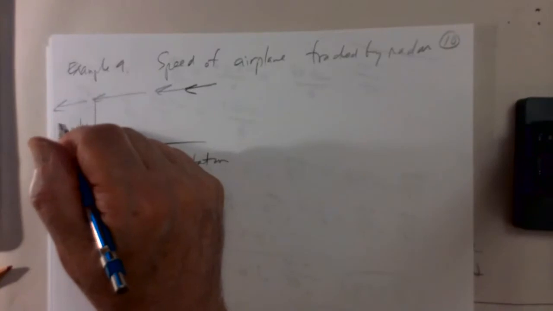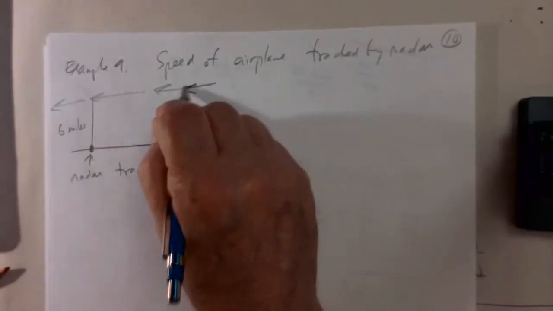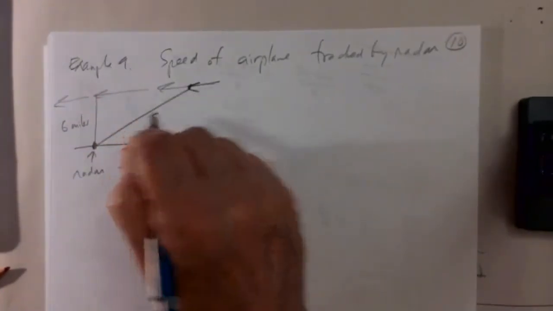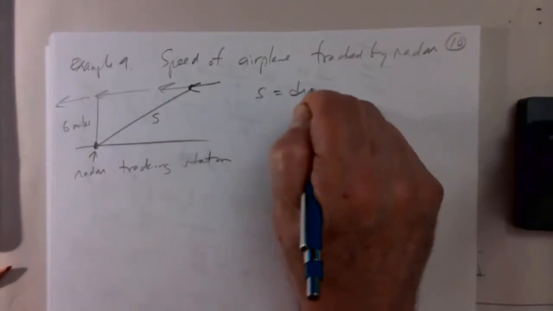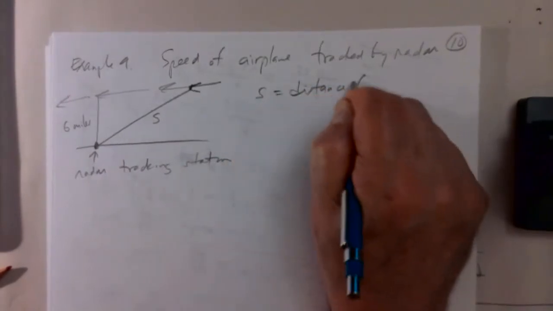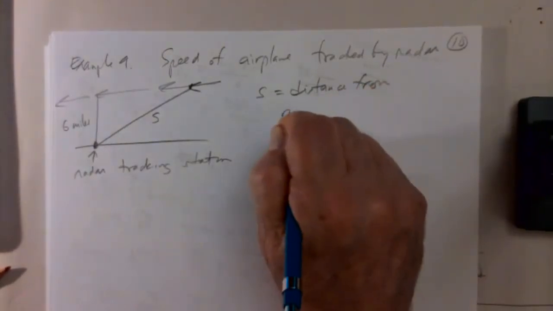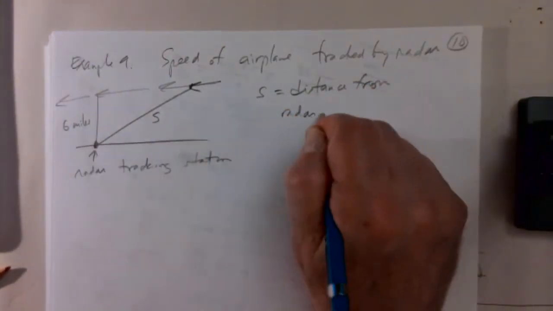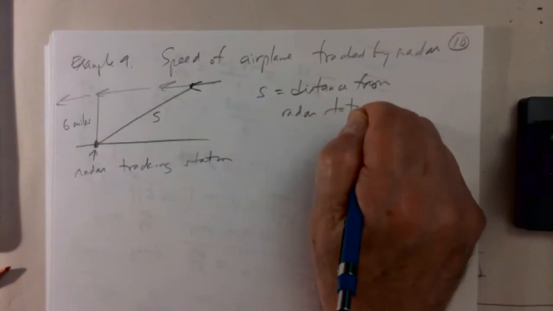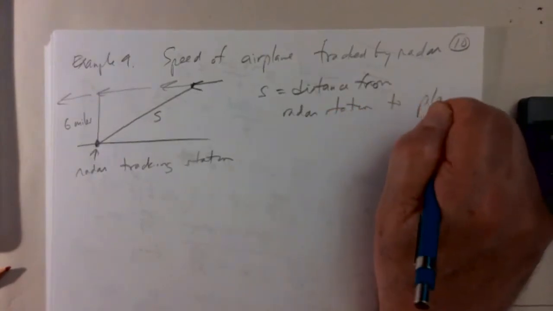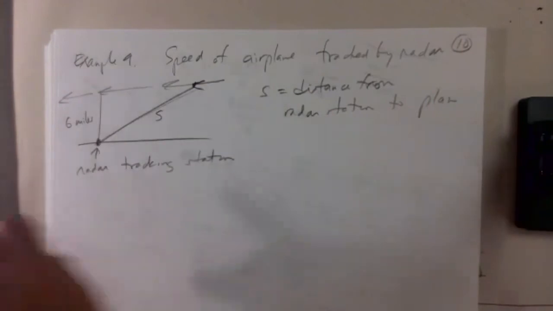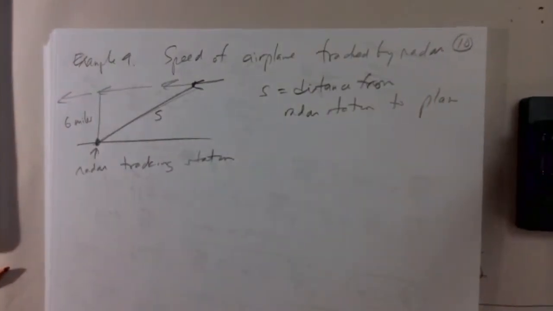So the plane is flying in this direction. And we let S be the distance from the radar station to the plane.